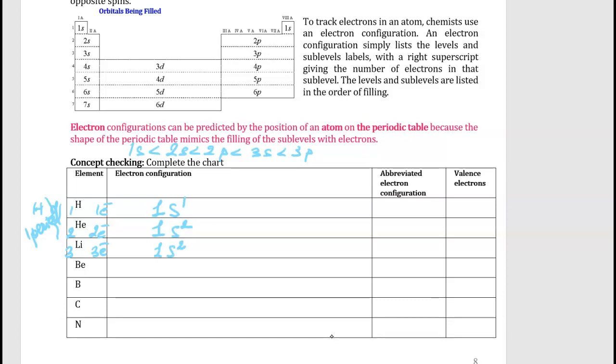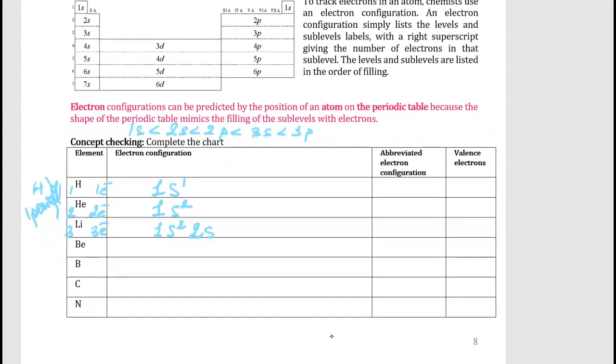But the next electron, the third one, goes on the second shell, and you can see 2s, and the amount of electrons there will be 1. So its electron configuration is 1s2, 2s1.